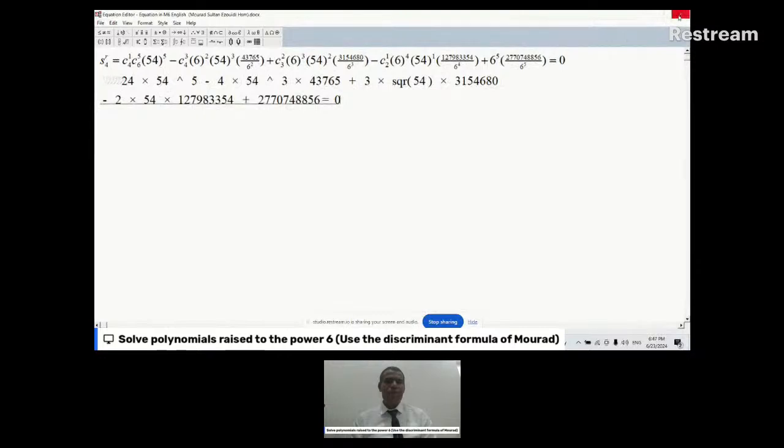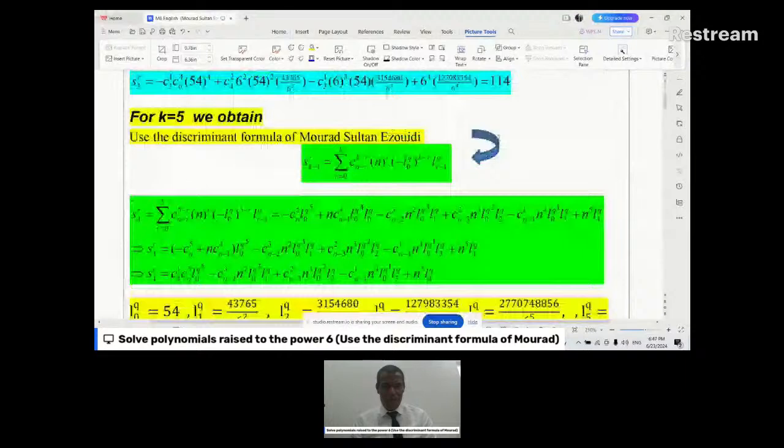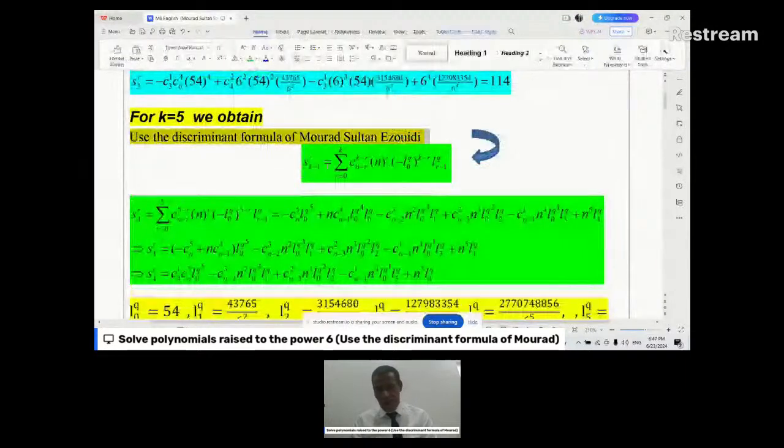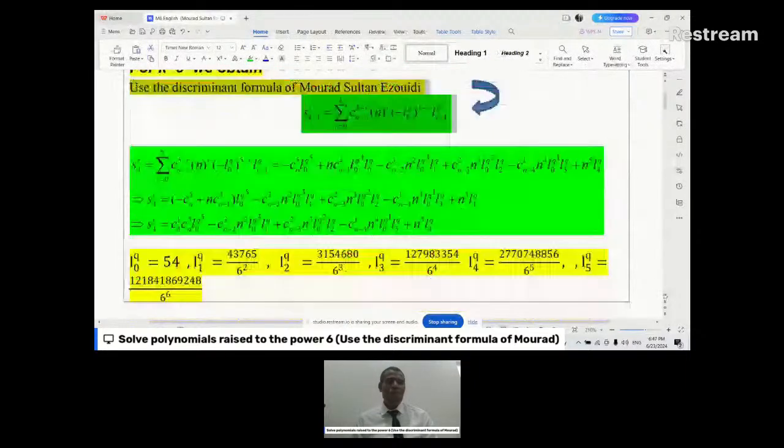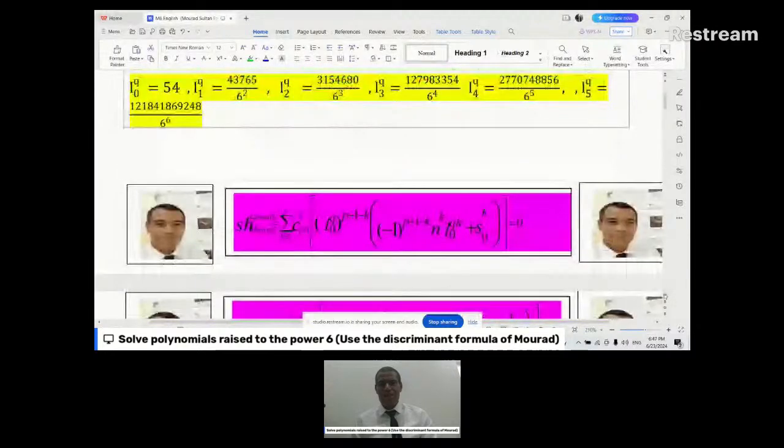Now I will close this one and use this. Control C. Now we have found the value of S4, which is equal to 0.